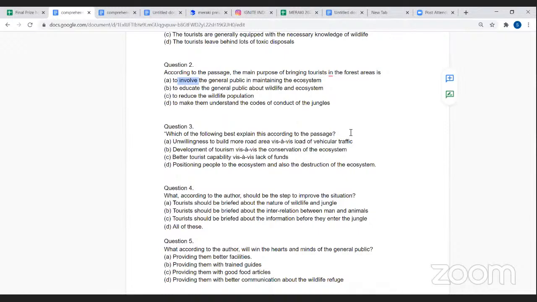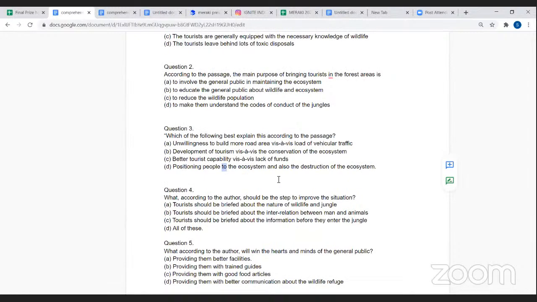Option B. It is option B, positioning people in the ecosystem rather, and also the destruction of the ecosystem. That vis-a-vis means as well as.